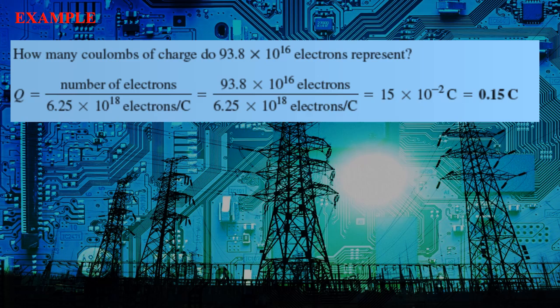Let's look at one example here. How many coulombs of charge do 93.8 times 10 raised to 16 electrons represent? When we rearrange the formula, we have Q, the charge, equal to the number of electrons divided by the number of electrons per coulomb.